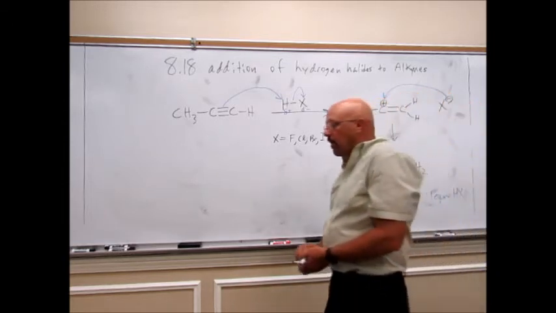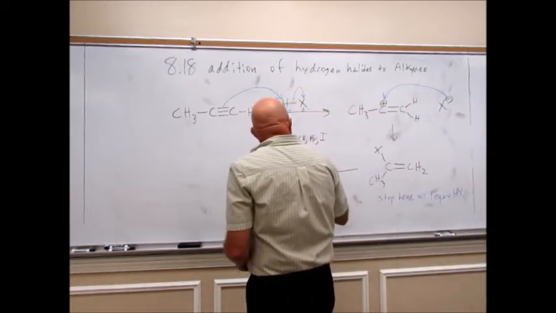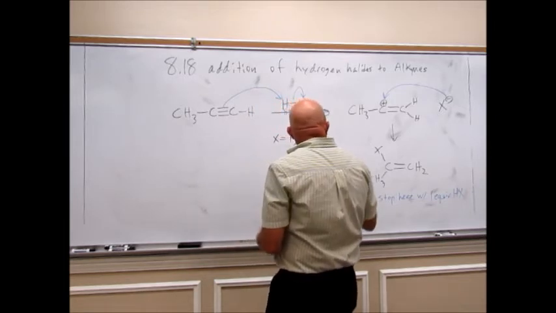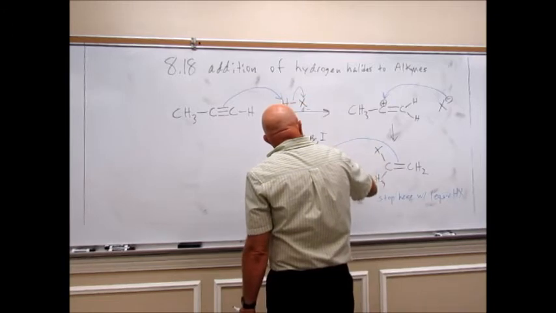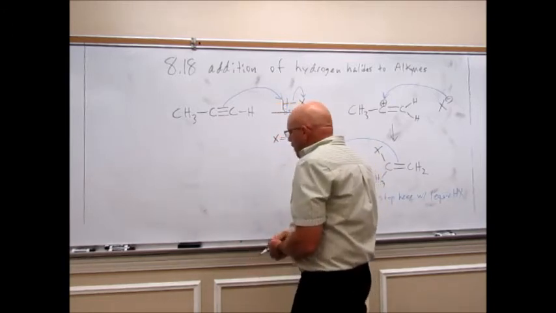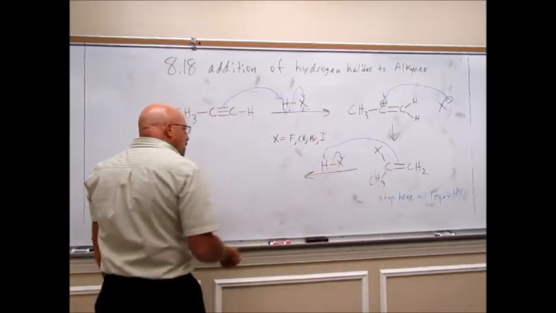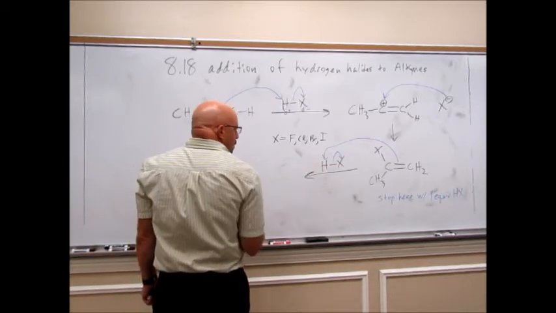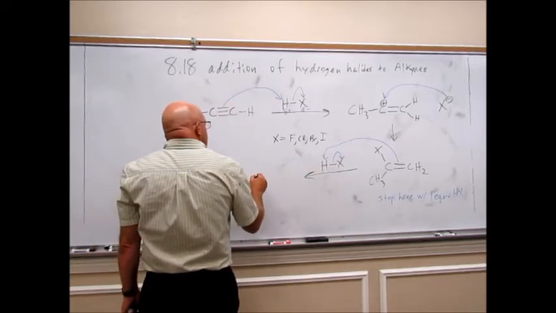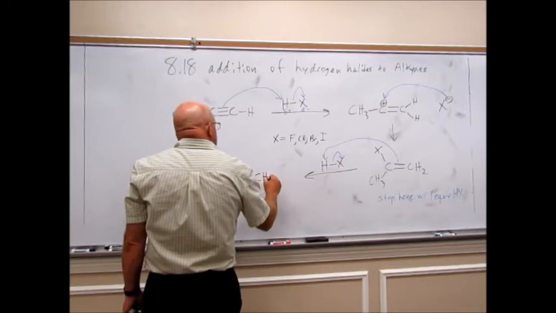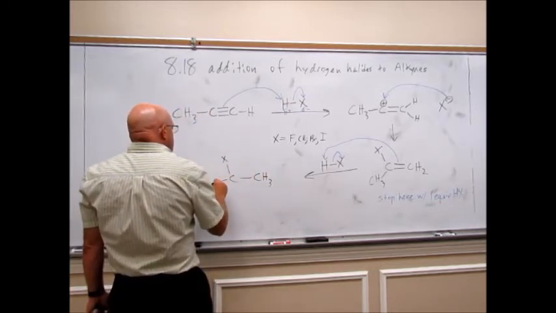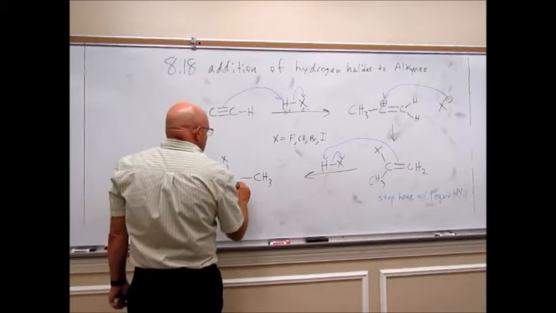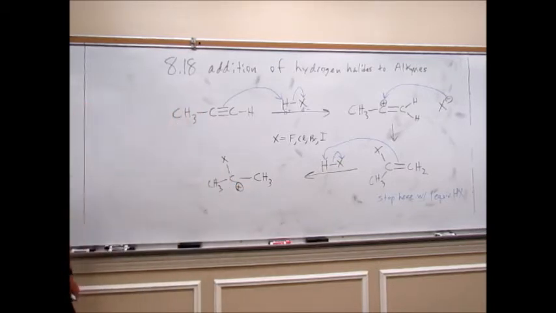If there's two equivalents, we go again. Going to protonate the double bond, still following Markovnikov's rule. Hydrogen goes with the carbon with the most hydrogens already on it of the double bond. So we have the carbocation.